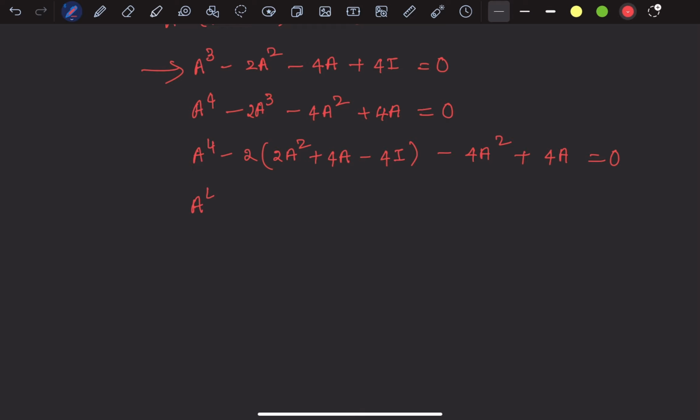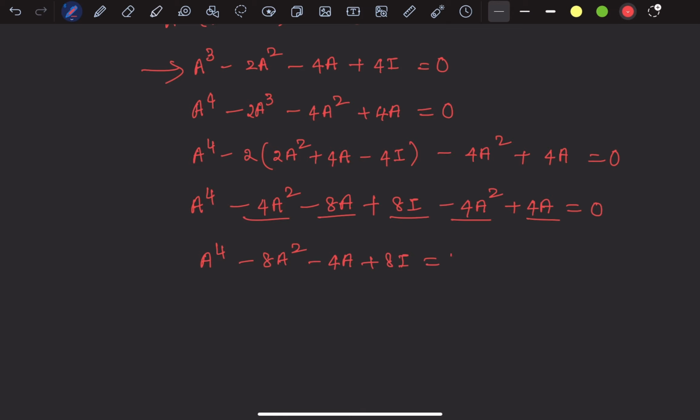So this is simply A power 4 minus 4A square minus 8A plus 8I minus 4A square plus 4A is equal to 0. So this is A to the power 4 minus 8A square minus 4A plus 8I is equal to 0.